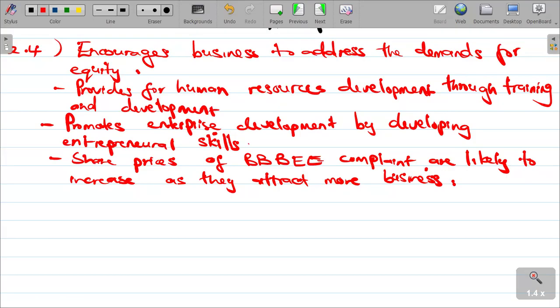Right. And you can find that businesses that support more micro, medium enterprises may increase their own BBBEE ratings.